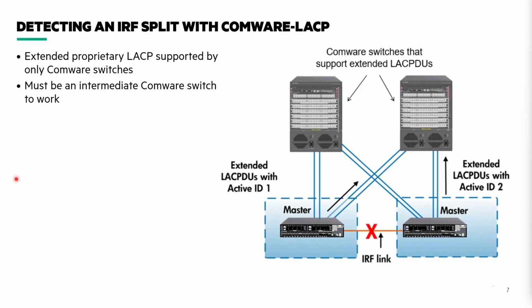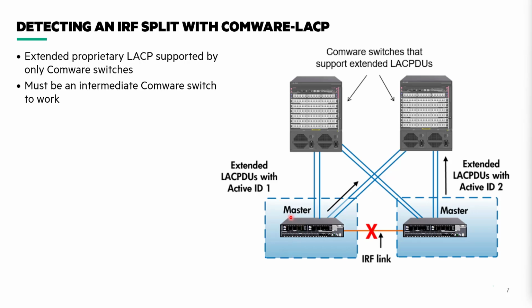Now for LACP MAD, remember, these 2 switches appear as if they are a single switch. We are assuming that we have link aggregation here. So the MAD traffic will use the LACP data units, LACPDUs, piggybacking on that. They will talk to each other. What does it mean?